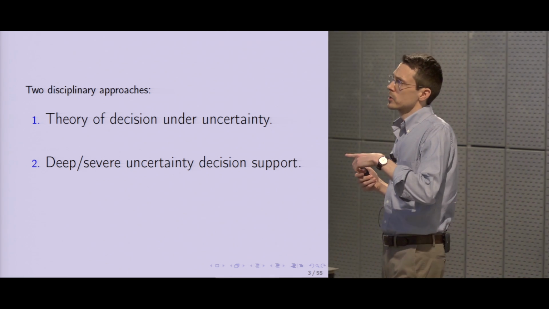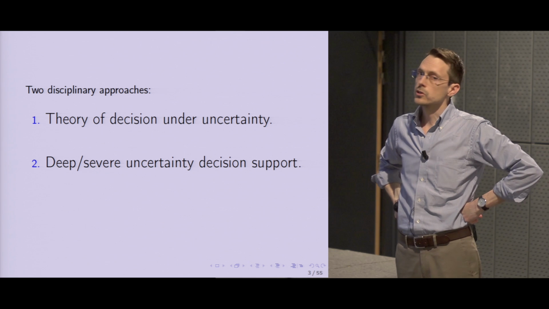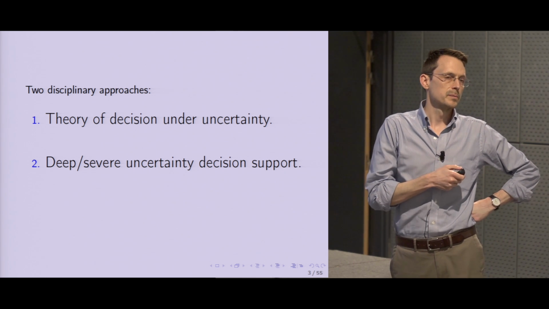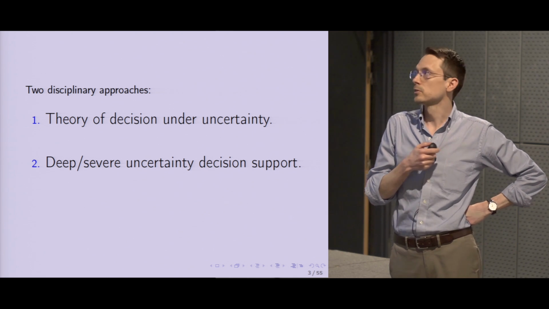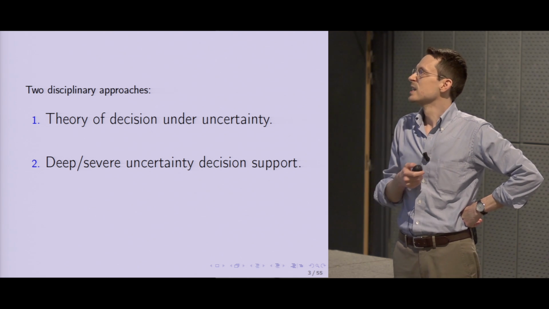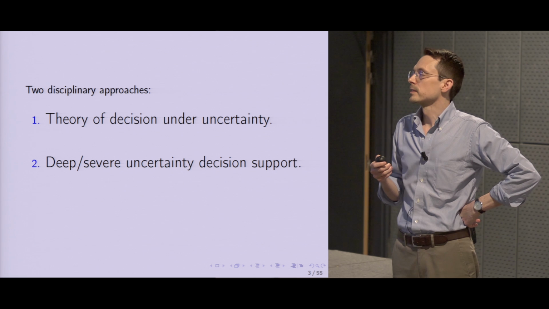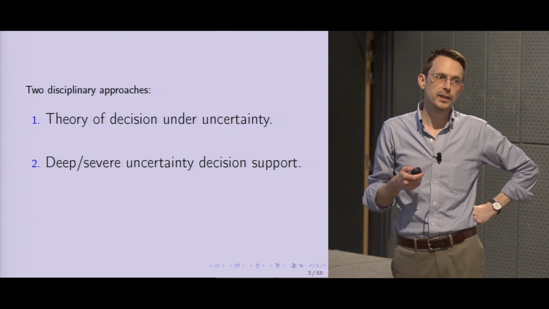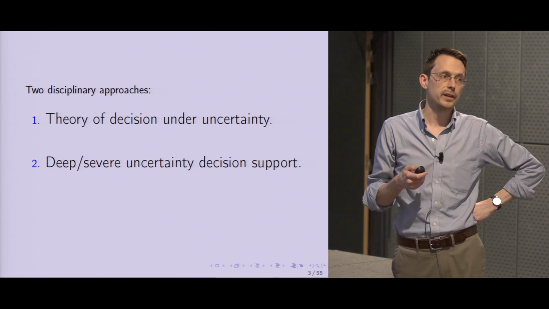And by theory of decision under uncertainty, I mean the construction of very rigorous mathematical models of decision making, by some economists, some philosophers, with some of the disciplinary procedures involving things like representation theorems and axiomatizations.